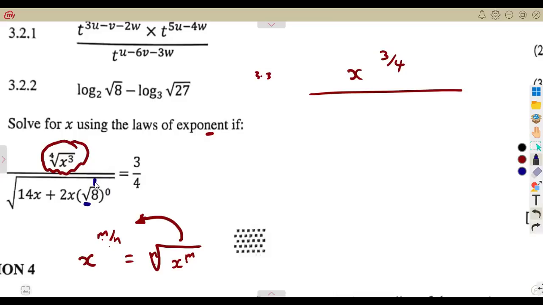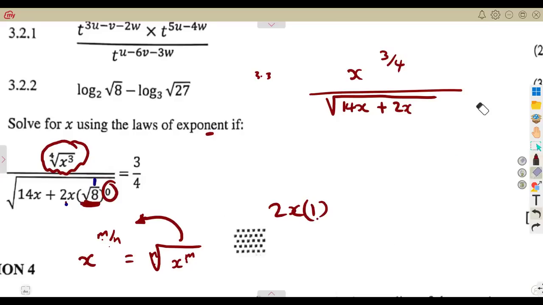So we are going to have 1 times 2x, which is 2x. So this is going to be the square root of 14x plus 2x times 1, because this whole part raised to the power of 0 is 1. So it's going to be 2x like that, 2x times 1, which is equal to 3 over 4. All right, this is where we are.